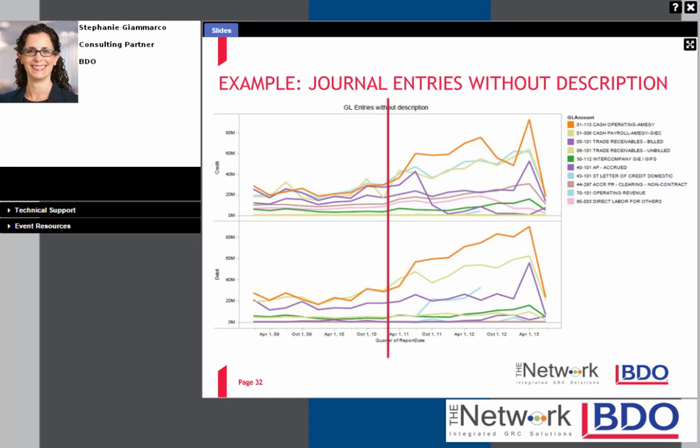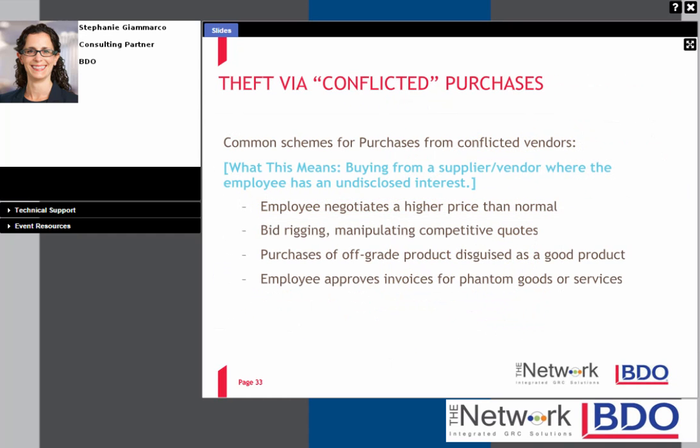The concept here is to apply visual analytics to journal entry testing depending on where you see the highest risk areas are. So with that said, after some of our examples here, I'm going to turn this over to Jeff to talk a little bit more about some samples and some substance here on analytics.